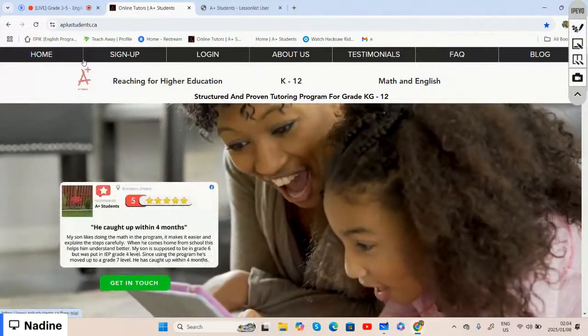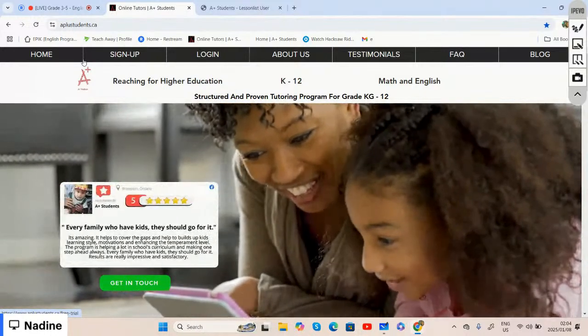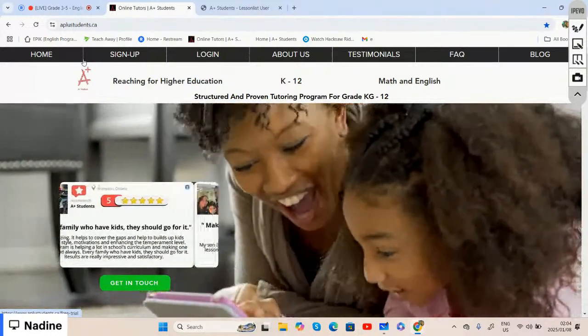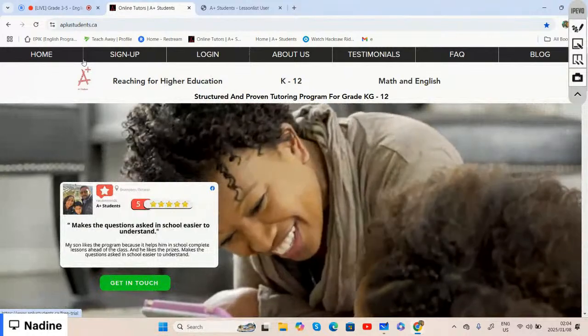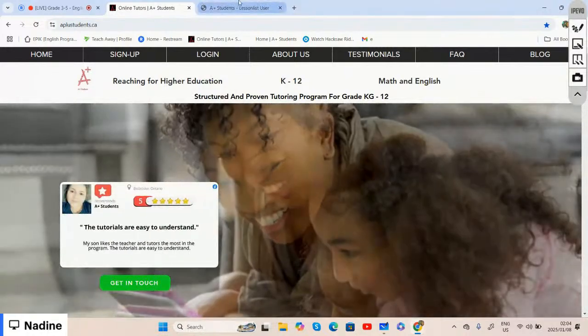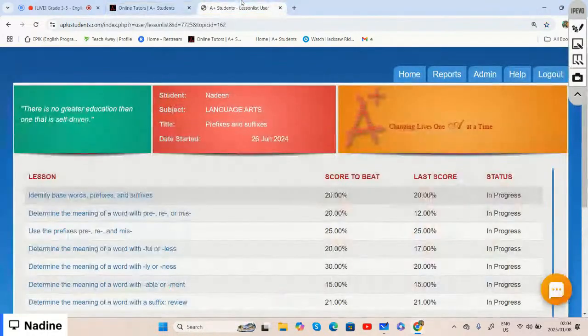We're doing grade 3 to 5. And then we're going to scroll down until we get to our chapter of prefixes and suffixes.